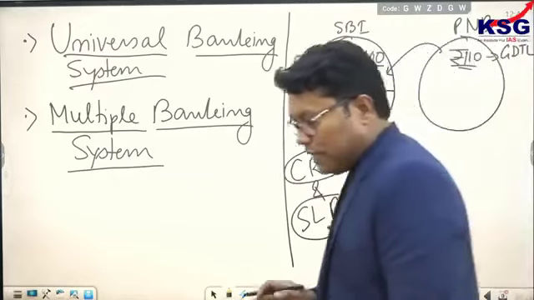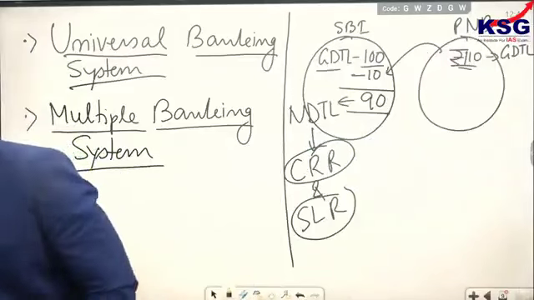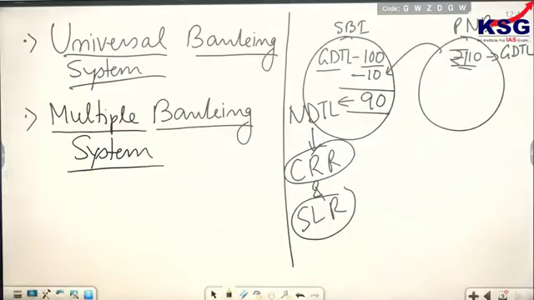Because, simply in one line, if all banks calculate on the basis of GDTL, there will be a double counting problem, a double counting issue.